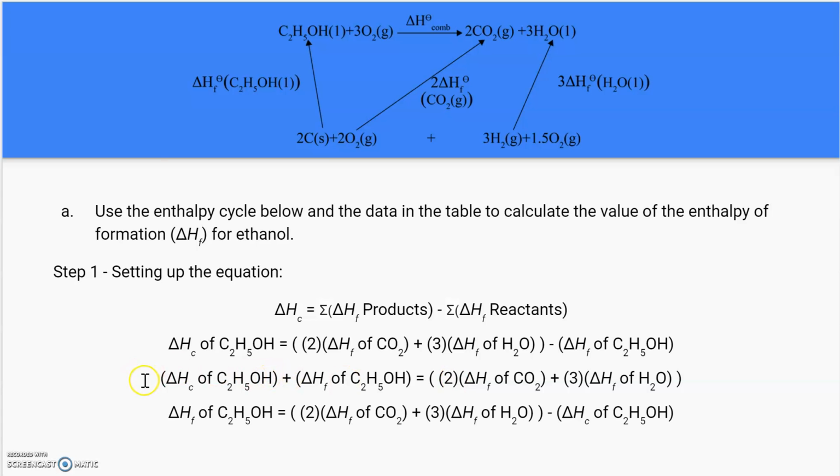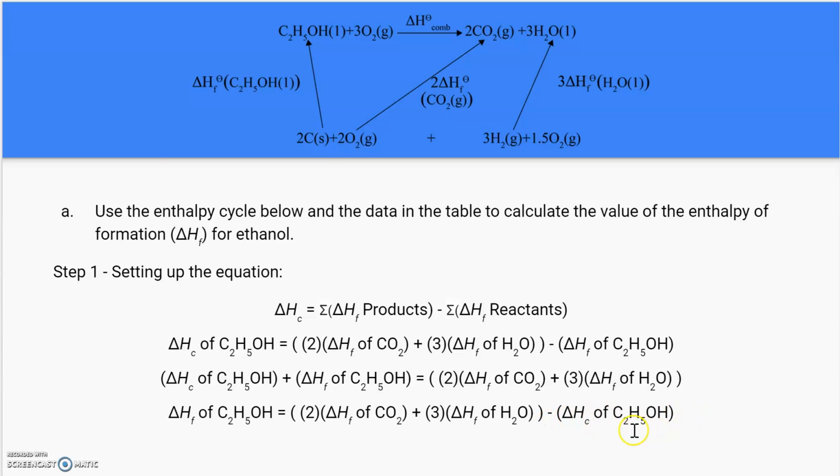And then we can just take the enthalpy of combustion of ethanol out of that side of the equation and move it to the other to isolate the variable that we actually want. And in the end, we get the equation that the enthalpy of formation of ethanol is equal to the sum of the enthalpies of formation of the products minus the enthalpy of combustion of ethanol.